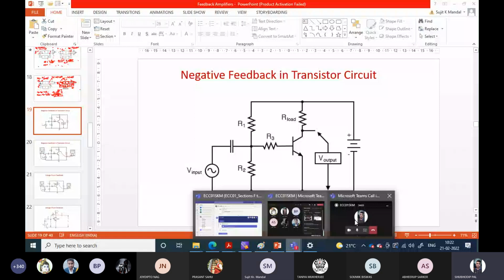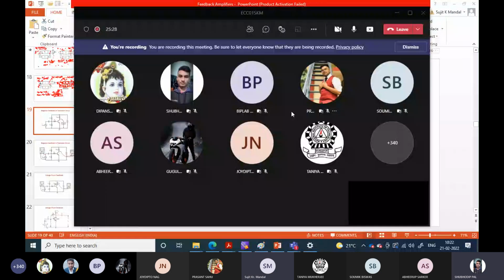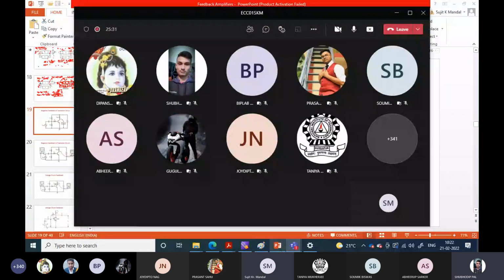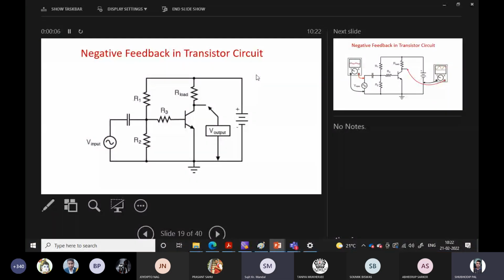Okay, so what we have seen in the last class, we were discussing feedback, and we have seen that negative feedback reduces the gain but increases the stability. There are also several other advantages of negative feedback, such as it increases the bandwidth, it increases stability, and it reduces the noise factor and nonlinear distortion.